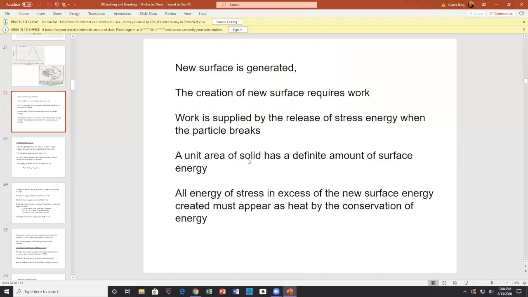So a unit area of solids has a definite amount of surface energy. All energy stresses in excess of new surface energy created must appear as heat. In other words, if the energy doesn't go to breakage and the creation of new surface, then it will be going to heating the material.